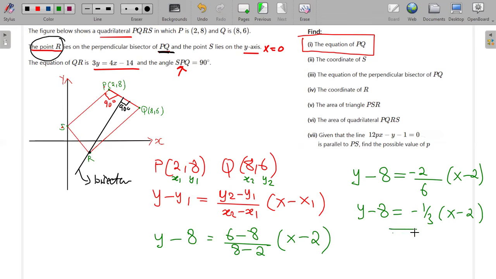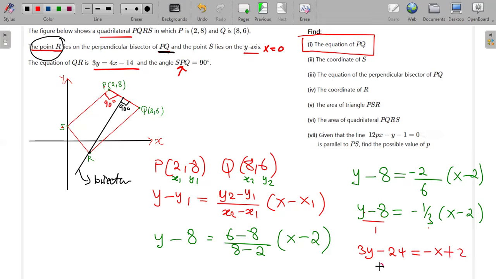You can even end here if you want, or you can say, I don't want to end there. Let me say this 3, because it's in the denominator, can multiply with whatever I have on my left, and this minus 1 multiplies with whatever I have on the right. So 3 multiplied by y gives 3y, minus 3 multiplied by 8 is 24, equals 1 multiplied by x, which gives minus x, minus 1 multiplied by 2 gives plus 2.